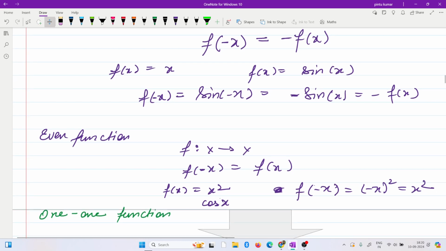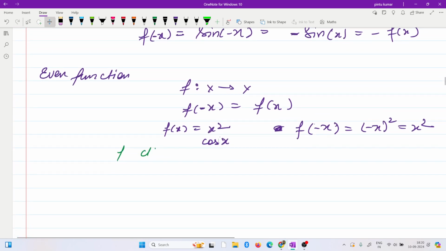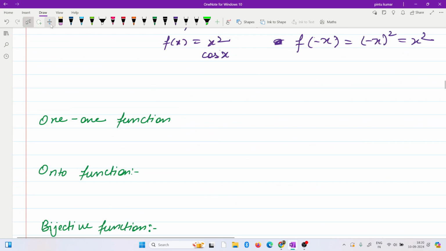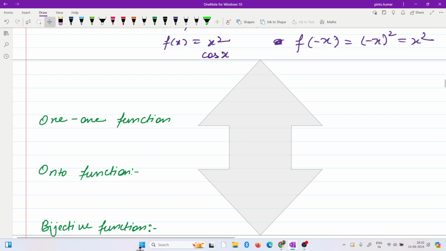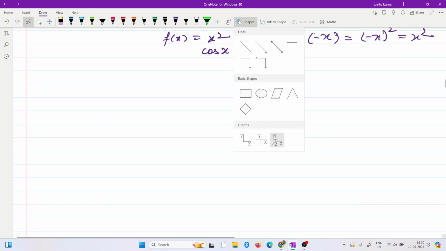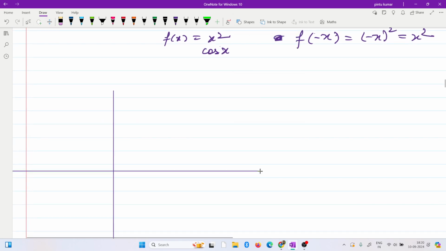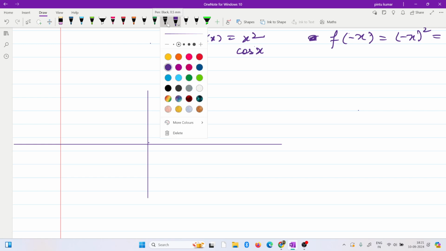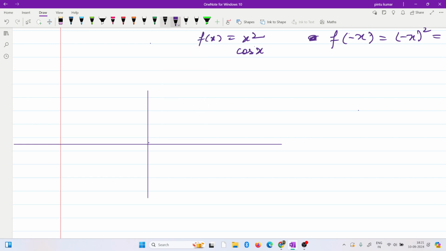Okay. So one can think how would a graph of such function look. It's not very difficult to see. Let's try to draw. So let's say this is your two-dimensional plane, and this is some function f that you know is an even function.